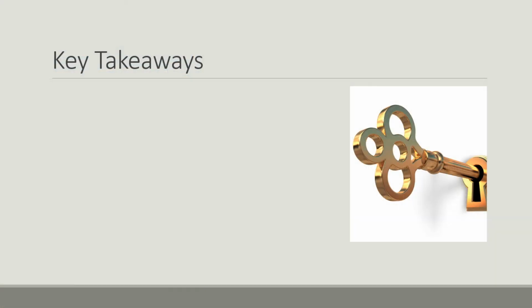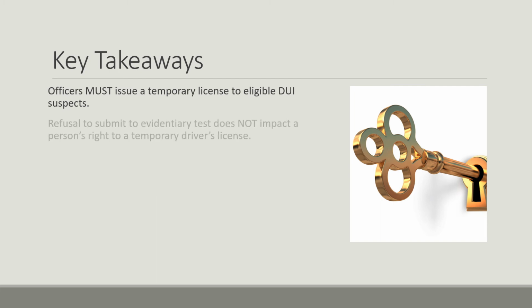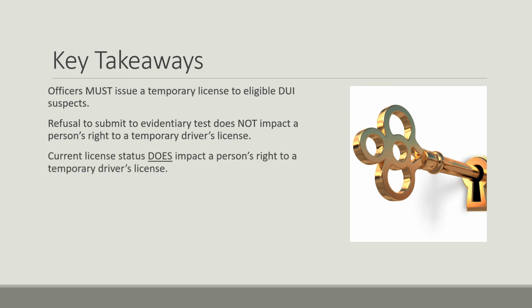So our key takeaways from this training are: officers must issue a temporary 7-day driver's license to eligible DUI suspects upon request. Refusal to submit to an evidentiary test does not impact that right to a temporary license. Current driver's license status, however, does play a role in whether a person is eligible for a temporary license.